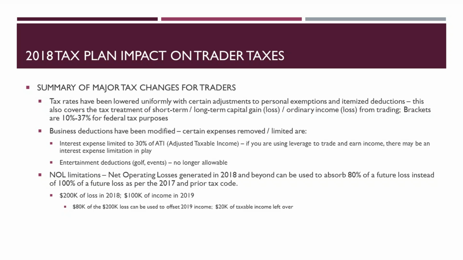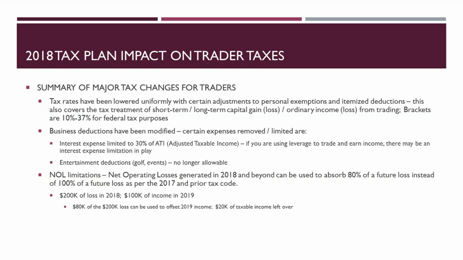Under the new tax regime, the low end is still 10%, but the high end is actually 37%, which reflects about a 3% reduction. In addition, the actual brackets at which these tax rates apply were widened. In other words, you can make more money and the highest ends of your income is not going to be taxed as aggressively as it was under the prior tax code.